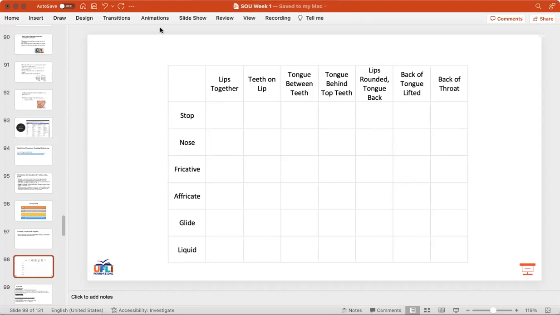Has anybody ever taught you about these consonants and articulation before? Anybody? Okay. If you're going to be teaching any student who has spelling problems, reading problems, also maybe some articulation problems, is a brand new reader starting from scratch, or a student in high school who cannot spell well, you're going to want to talk to them about these articulation features.